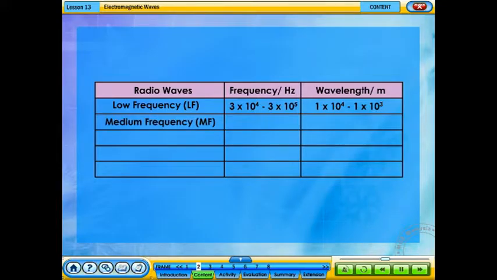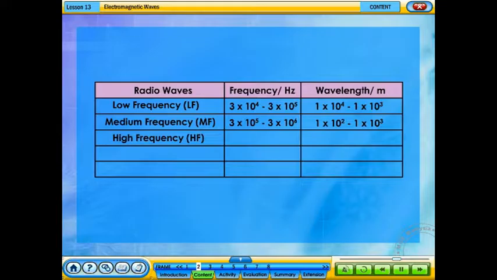The medium wave, MW, or medium frequency, MF radio frequencies range from 3 times 10^5 to 3 times 10^6 Hz. The corresponding wavelengths for these frequencies are between 1 times 10^2 to 1 times 10^3 meter.